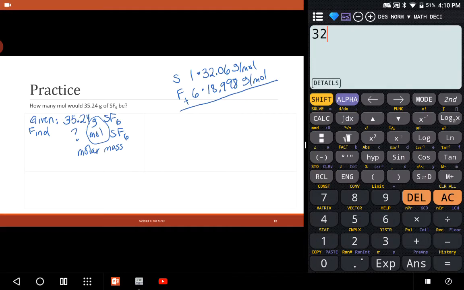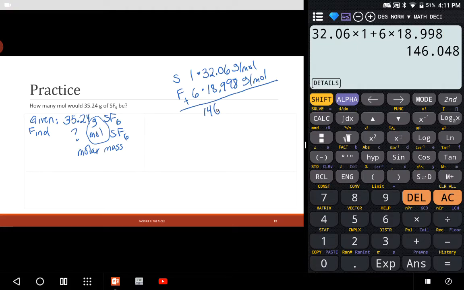So 32.06 times 1. You don't need to multiply by 1, it's just itself. Plus 6 times 18.998. And so that's 146.048.